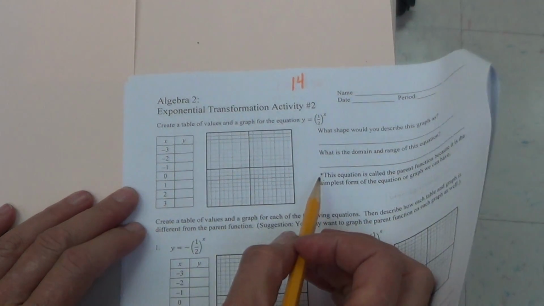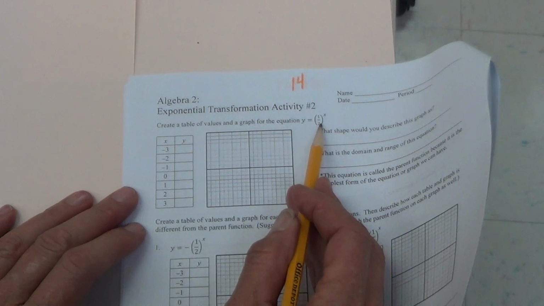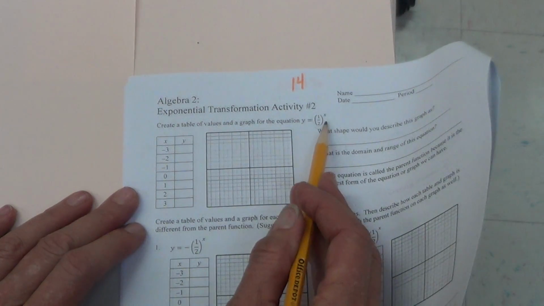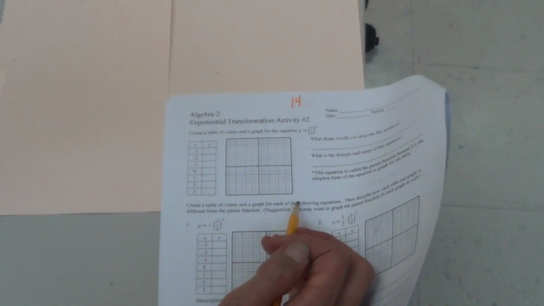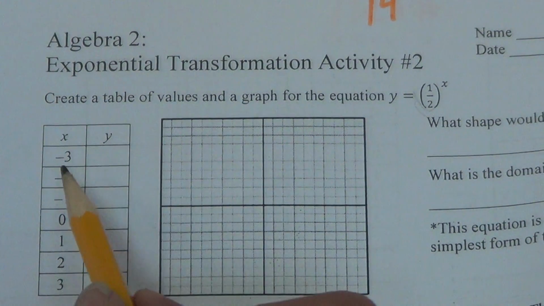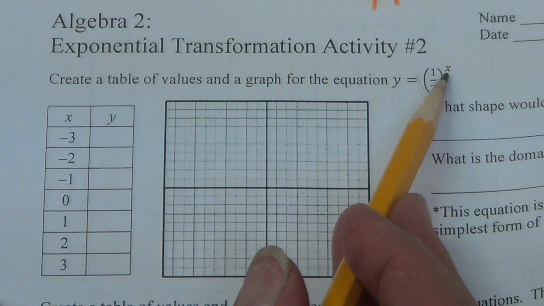Okay, welcome to page 14, the transformation of a decay function. I know it's decay because that value there is 1/2. So let me bring you in close again so that you can see what we're doing. Okay, so we are going to plug in these variables in for the x value up there.